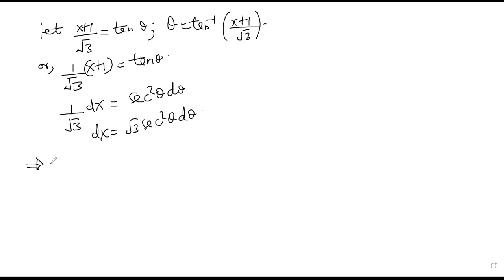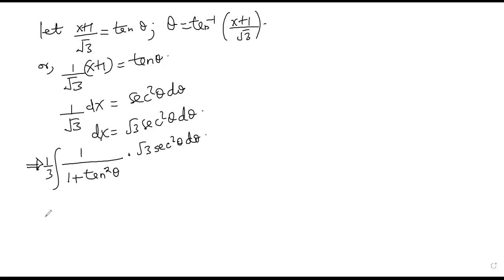If I substitute into our integral, I have had my third outside, so it is going to be a third integral of 1 over 1 plus tan squared theta, then the dx is root 3 sec squared theta d theta. Sec squared theta will cancel with this.